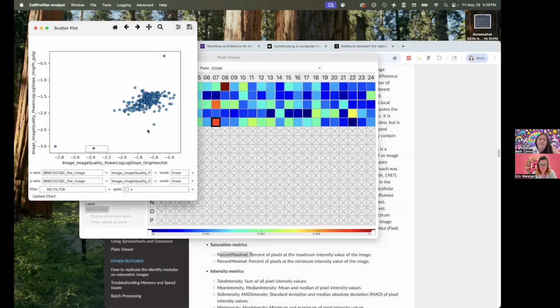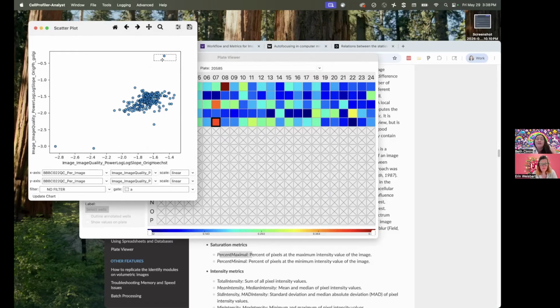And to my point about channels, here, for example, is that power log slope metric across two different channels, the nuclear channel and the Golgi channel. The first thing I'll draw your attention to is that the scales of these are different. And even this central blob here is not perfectly on a diagonal. There is some scatter around here, so the power log slope in one channel versus the other might be different.